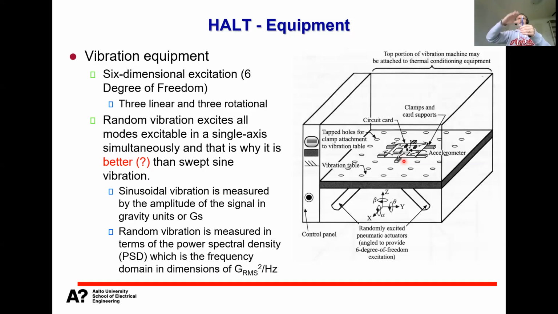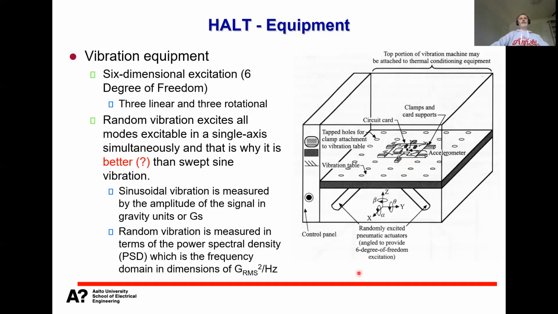That is much easier to control because you just need a signal generator and amplifier, and then you just move the table upwards and downwards. But of course, if you want to check X, Y, and Z directions, then you need to do it 3 times. You need to flip your sample, and you cannot have these rotational forces. So there are now advantages and disadvantages.